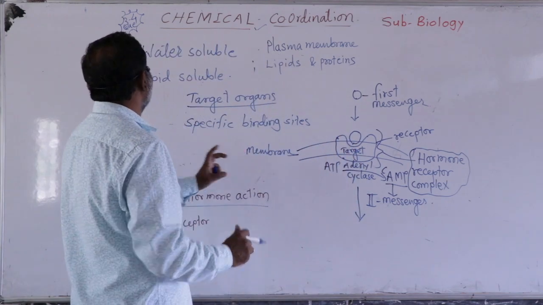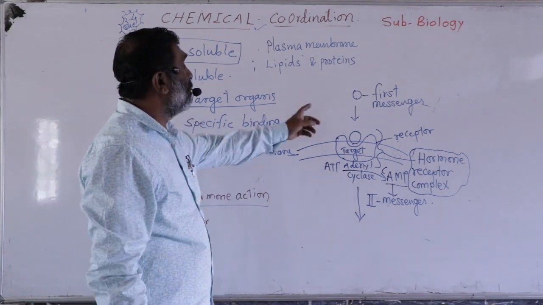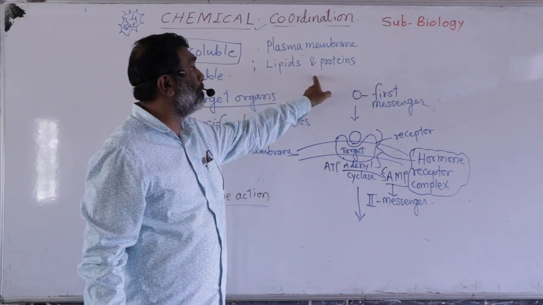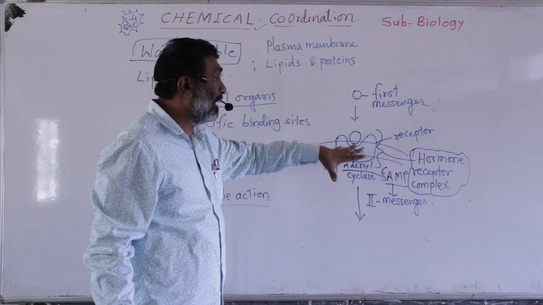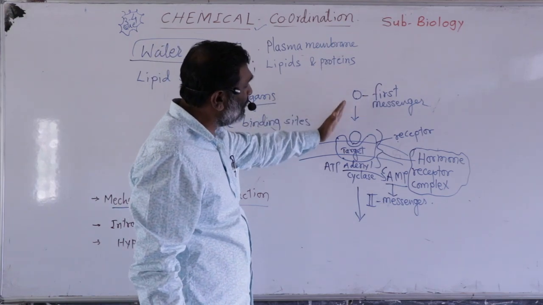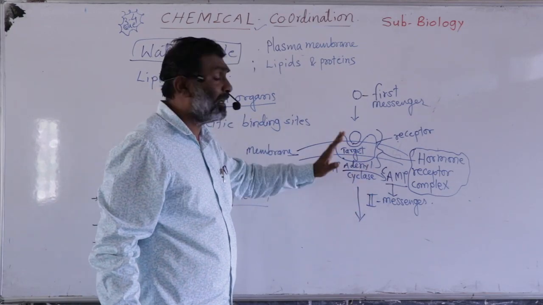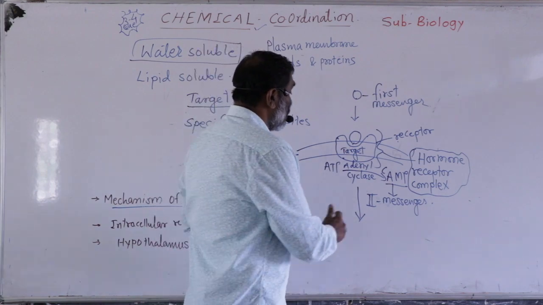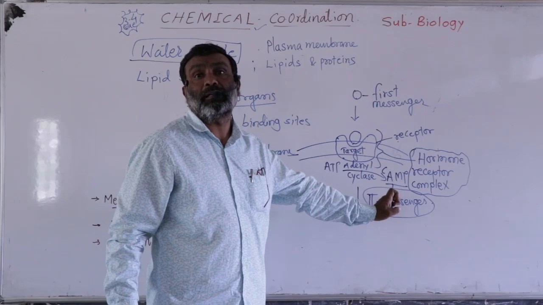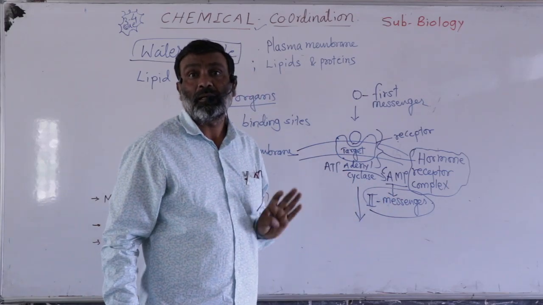The hormones which are water soluble, because the plasma membrane is made up of lipids and proteins, cannot enter or pass through the plasma membrane, hence they generate second messengers. And they work with such second messengers and carry out the further reactions inside the cell.